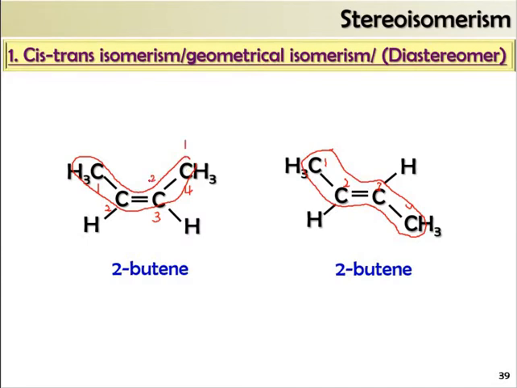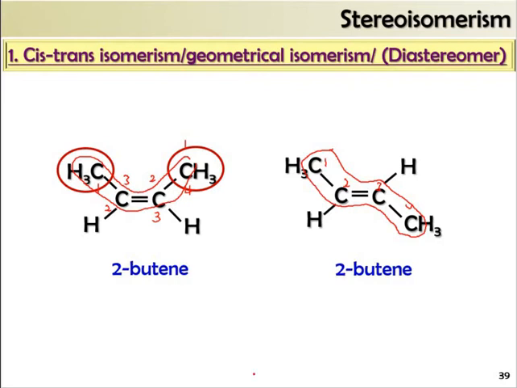So between number 2 and 3 juga. So boleh je nak nomborkan daripada mana, kiri ataupun kanan, because the double bond still at carbon number 2. Still have the lowest possible number. Alright. So we have CH3 group attached at the same site.